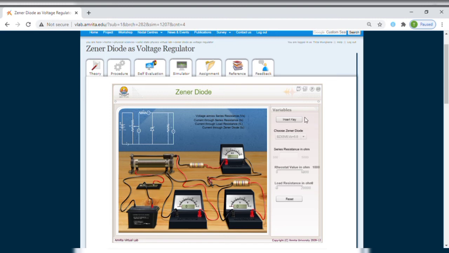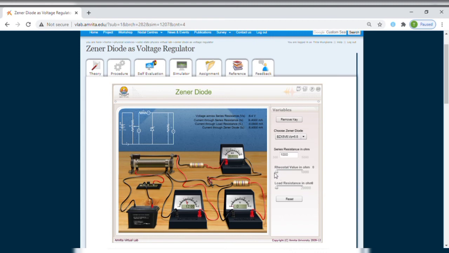So insert key, choose Zener diode, insert the series resistance, and then fix the rheostat value to get 12 volt at regulator cross rheostat. We're going to fix this until we find 12. Okay, there we go. It's 0.